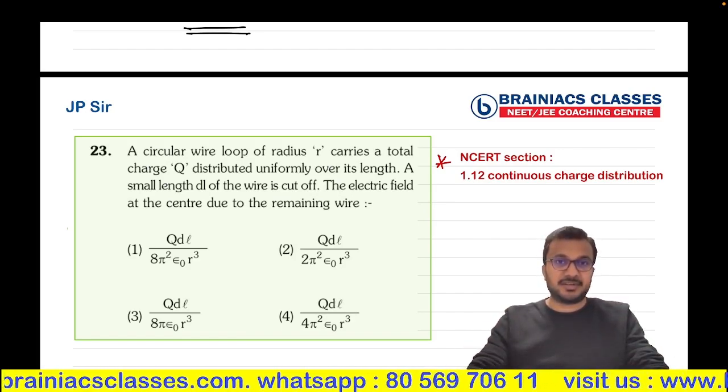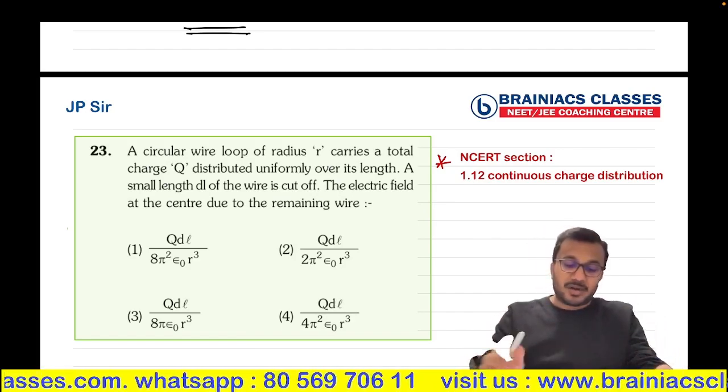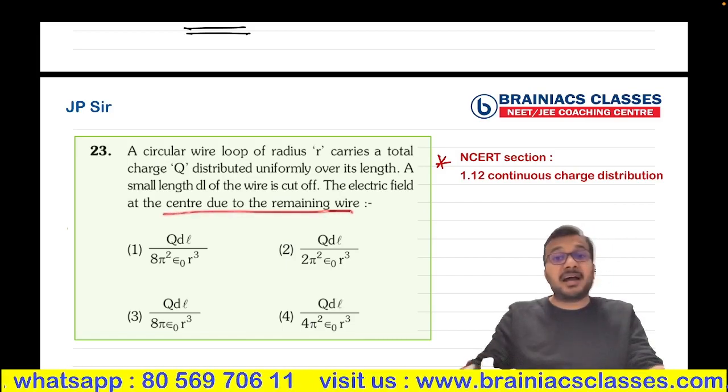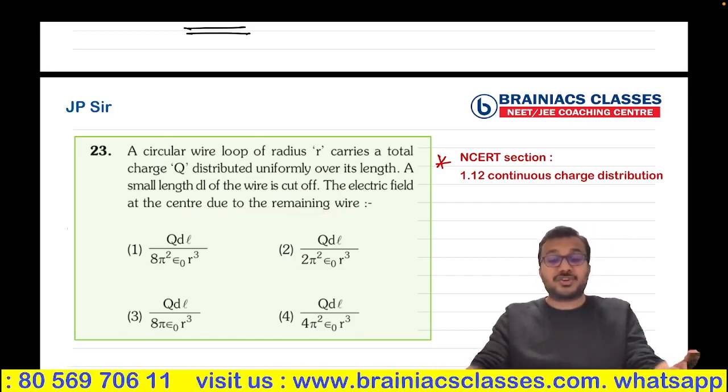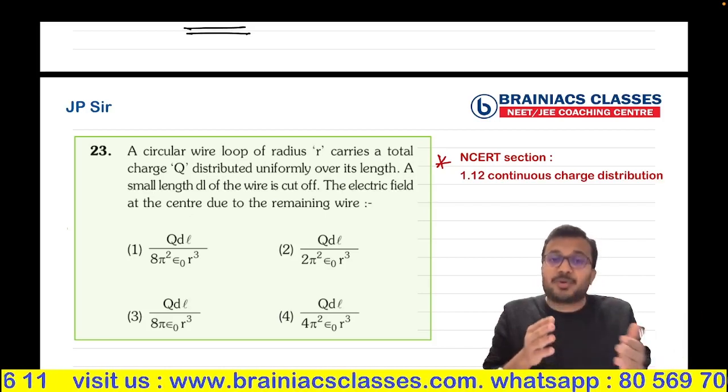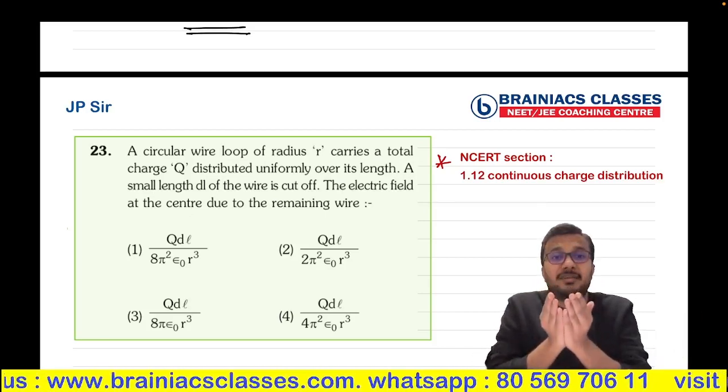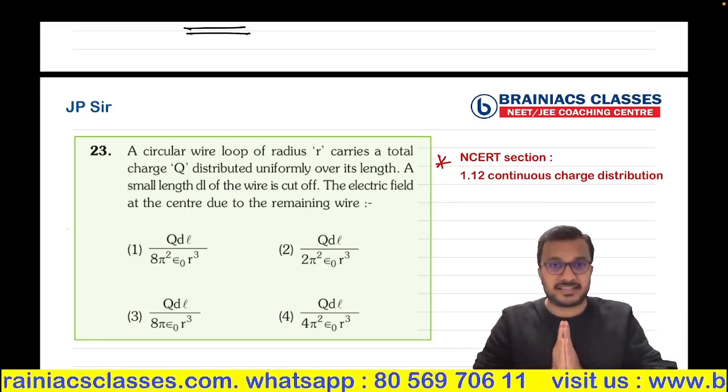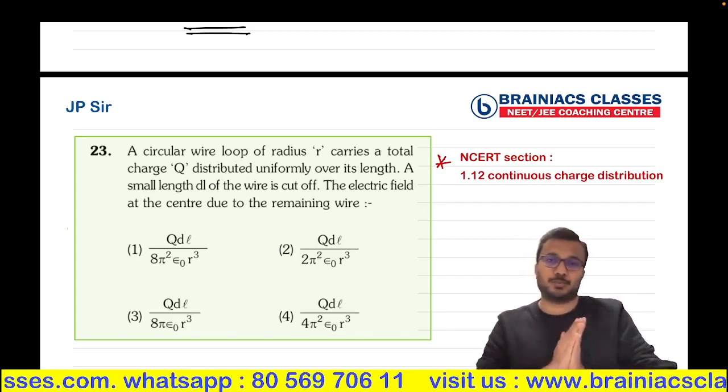That is the importance here. So the question is asking, what is the electric field due to the remaining wire? Instead of finding it for the remaining wire, you can find the electric field due to the small wire, because both are equal in magnitude and opposite in direction.